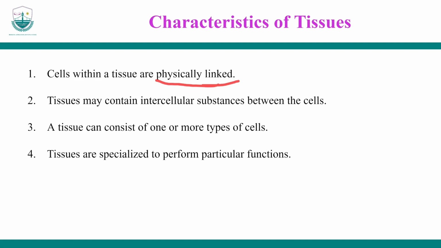It is just like saying that you have a group with different members, but if these members cannot communicate, there's nothing that connects them, then it is not possible that they will work cohesively or collaboratively. So there's need to have that physical connection such that the cells can actually work together.